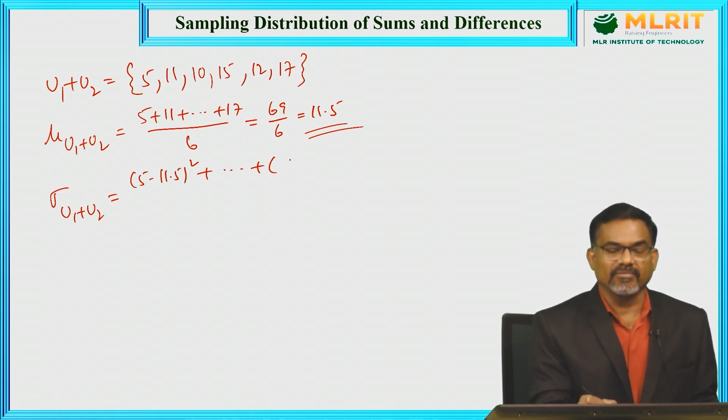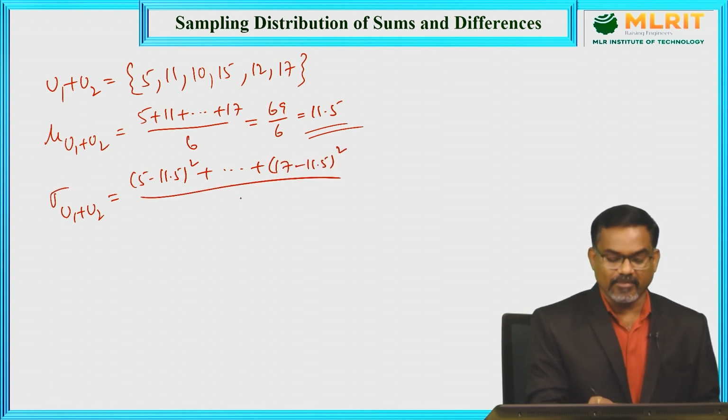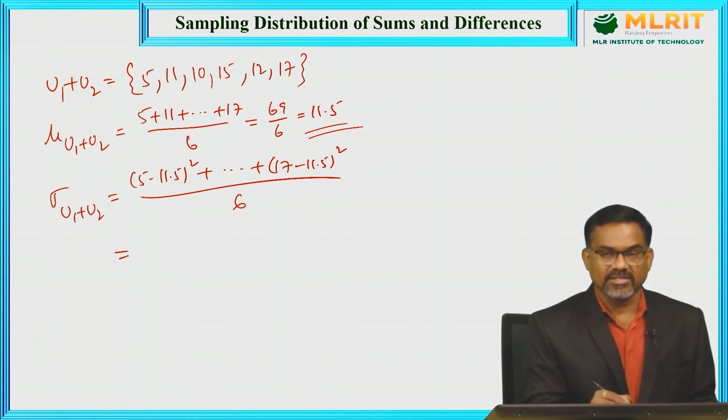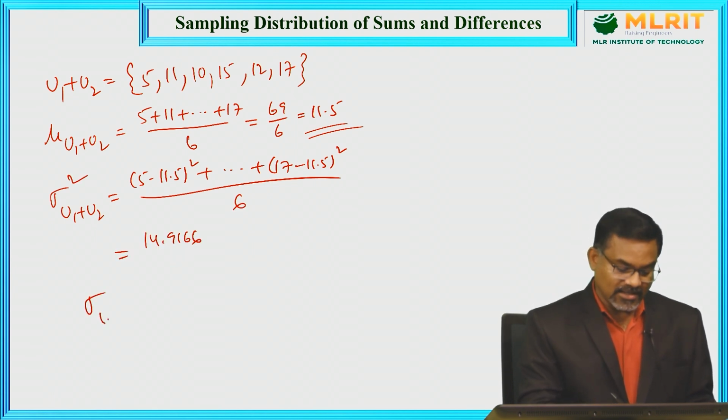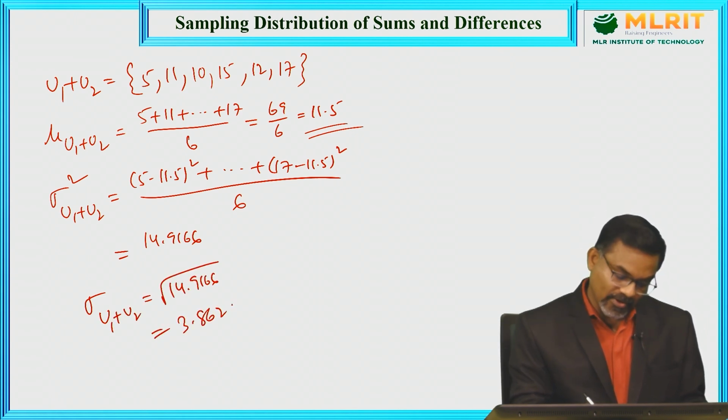So the sum of the squares of deviations of the values from the corresponding mean results as 14.9166, and the standard deviation is the positive square root of 14.9166, 3.8622.